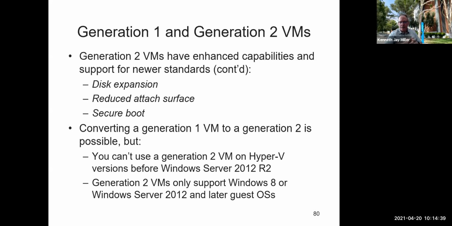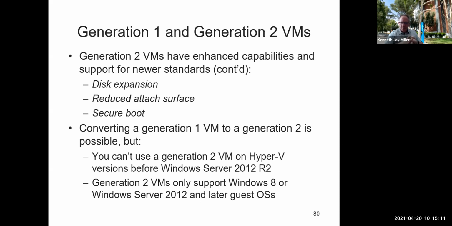You can convert a Gen 1 to Gen 2, but you can't use a Generation 2 VM on a Hyper-V server before 2012 R2. So if you have a legacy network system where you may have some older Server 2012 Hyper-V machines and some Server 2008 machines, you don't want to convert them to Gen 2 because they won't work in between those.